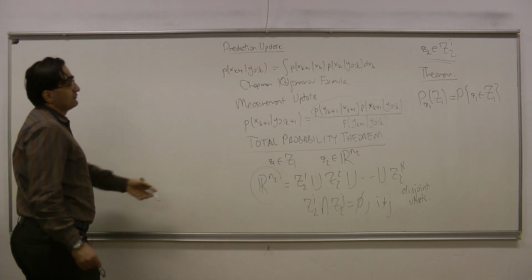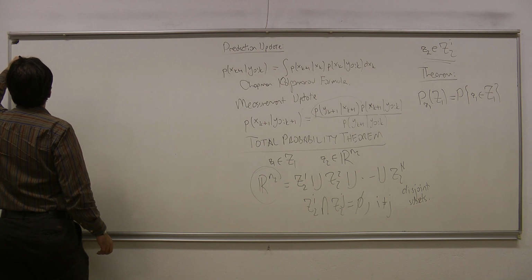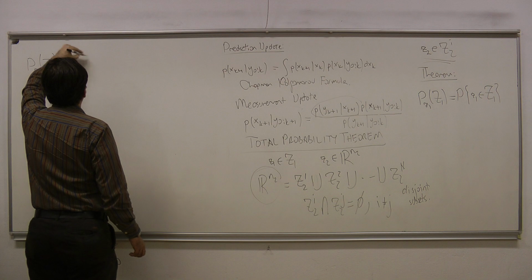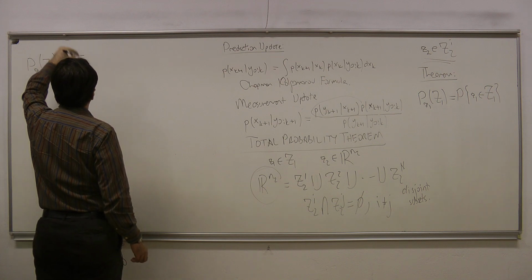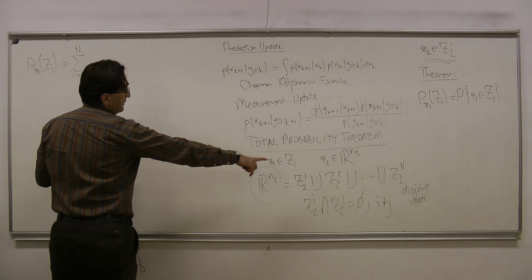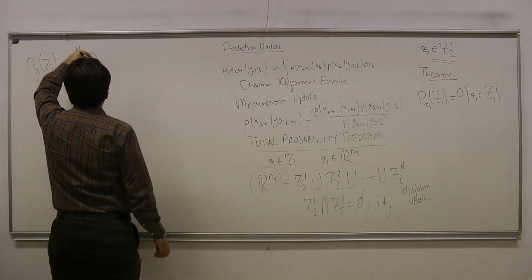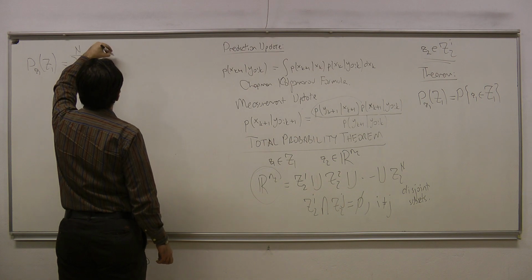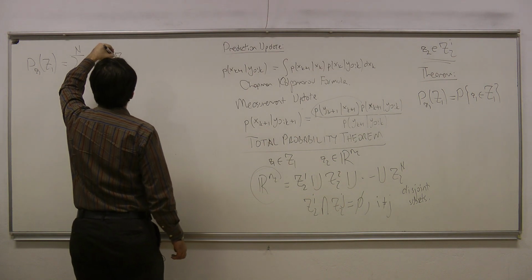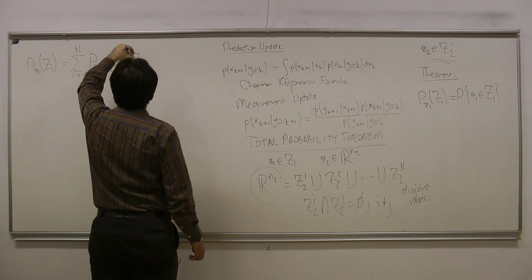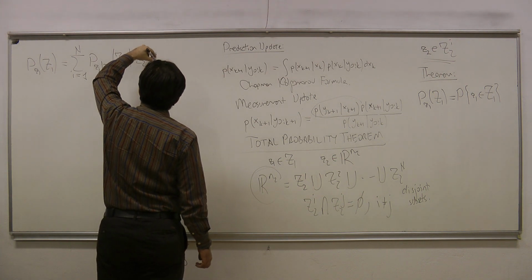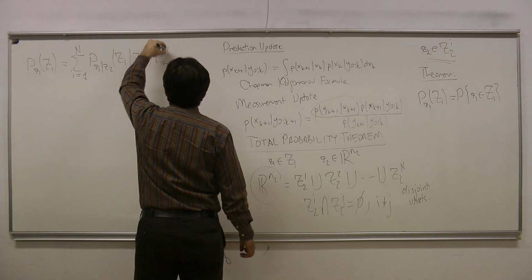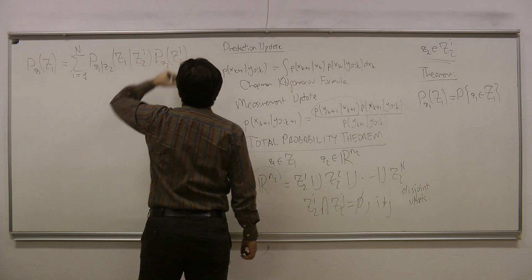It tells us the following expression here. P of Z1 is equal to a summation i from 1 to n over these subsets, and I have a conditional probability distribution of Z1 given Z2i, and I have another distribution, this time for random vector Z2, and I have Z2i.